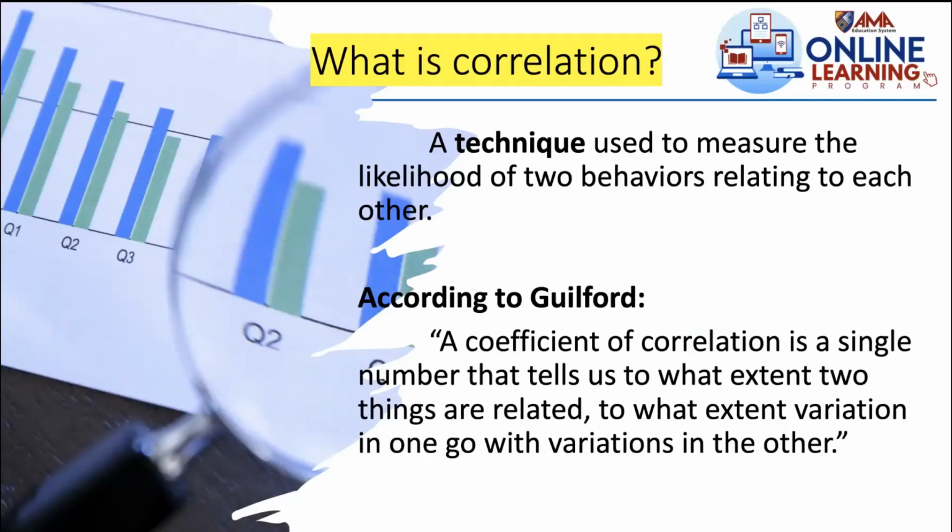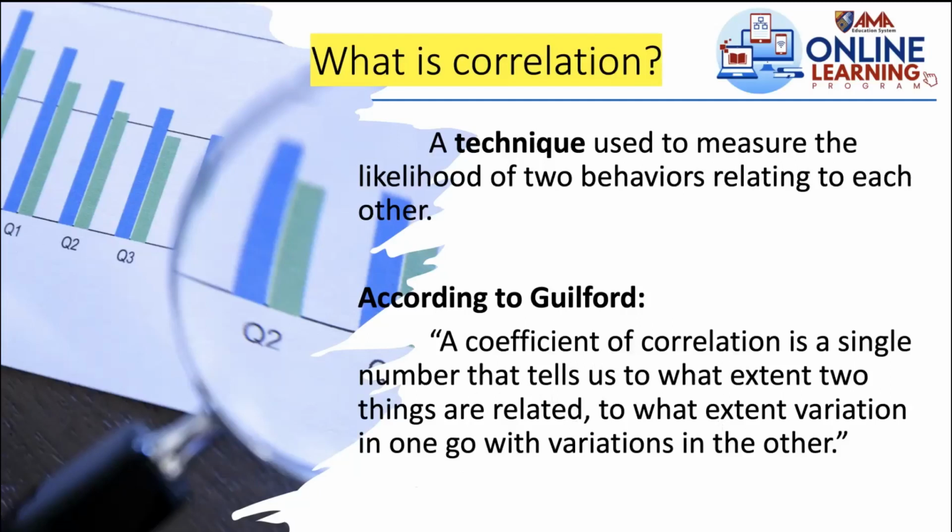We can describe this correlation using a single number called a coefficient of correlation. According to Guilford, a coefficient of correlation is a single number that tells us to what extent two things are related, to what extent variation in one goes with variations in the other.